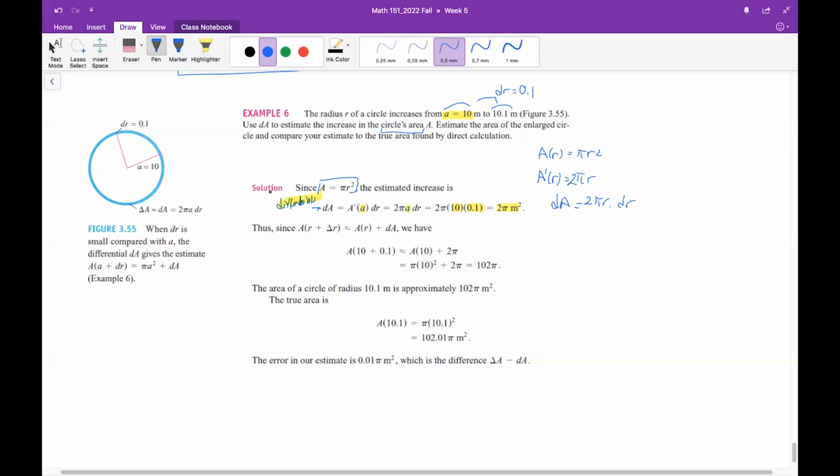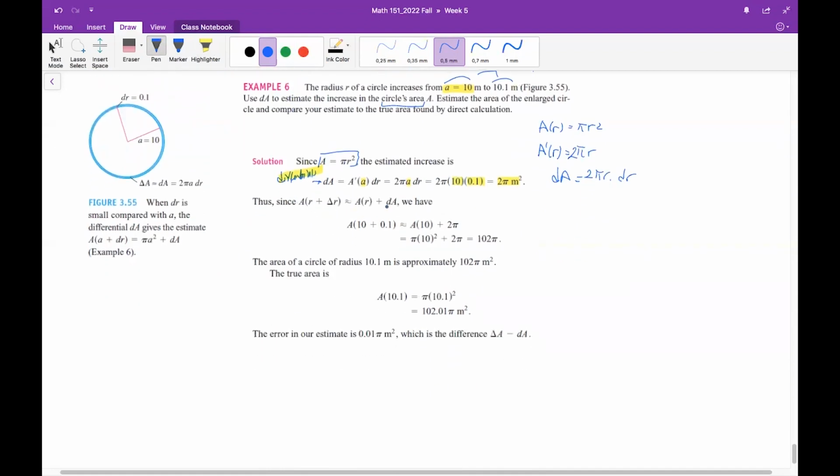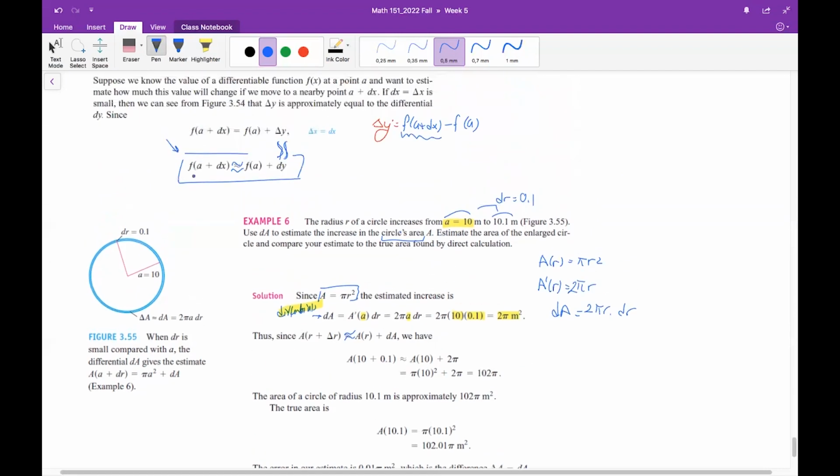Now let's look at this expression, A of r plus delta r. We have just emphasized that f of a plus dx is approximately the same as f of a plus dy. So look at the corresponding version for this example. A of r plus delta r is approximately the same as, instead of delta r, if you use dA, it becomes like this, just like here.